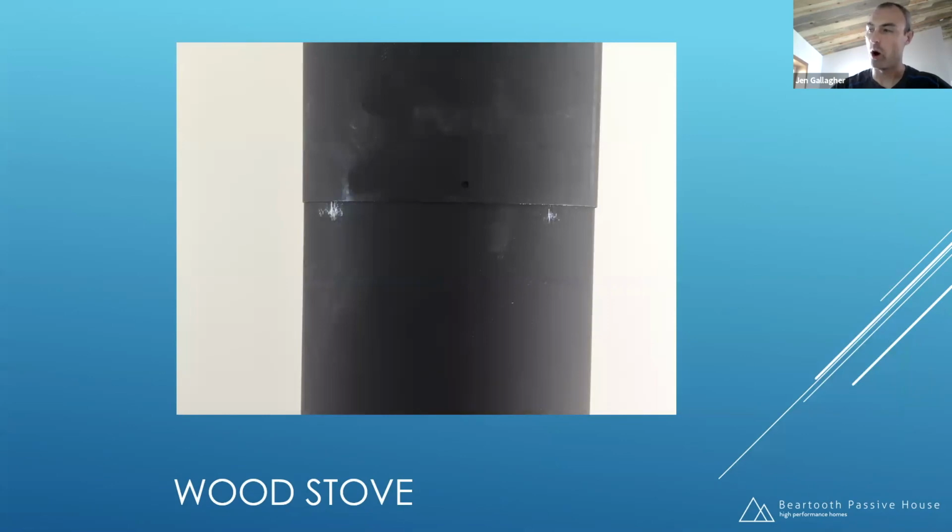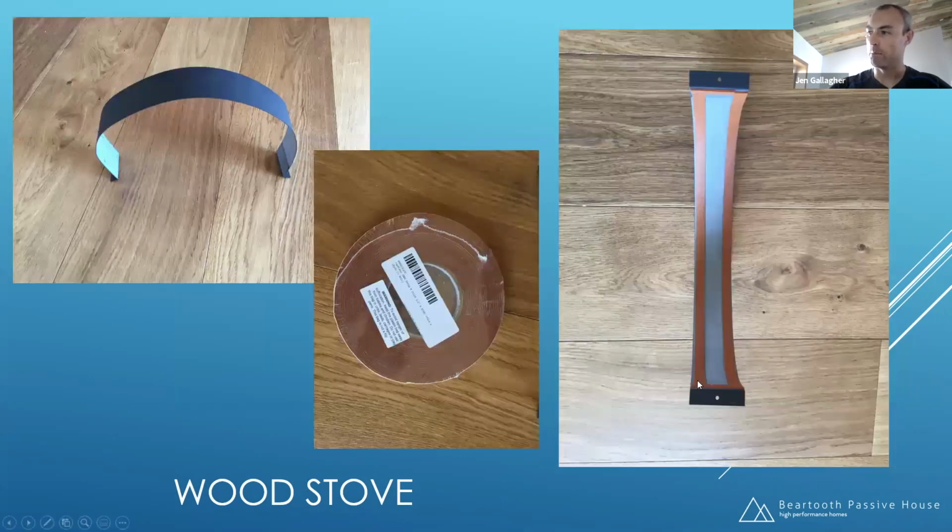So I could just back that screw off whenever I need to clean it, pull this collar off, lift my telescoping joint up, clean my chimney from the inside, drop it back down, and then attach this collar back in place. Okay.